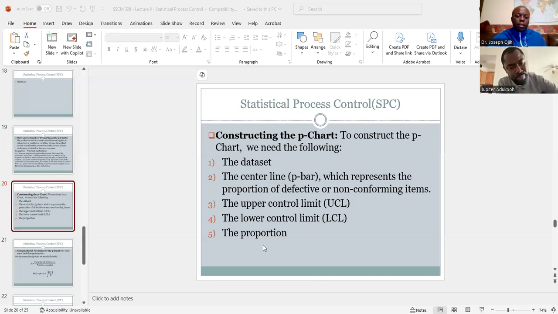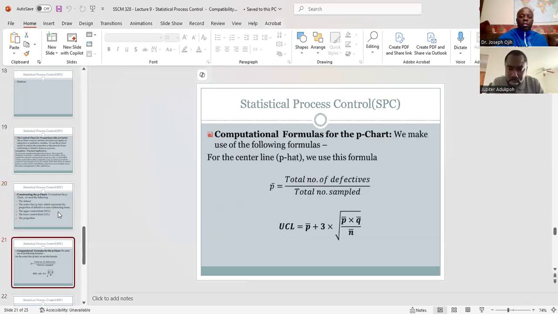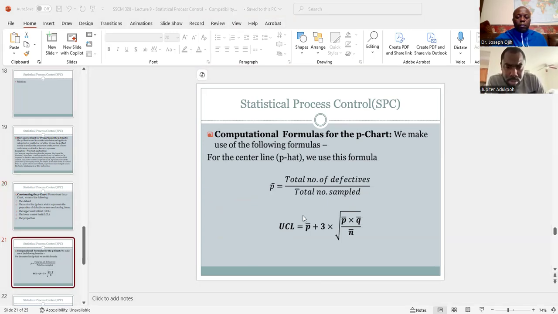Okay. So now you need the upper control limit, lower control limit, and the proportion itself. Here are some formulas we'll be using, the computational formulas. The first one is for finding the proportion, the center line or p bar, which is the total number of defectives divided by the total number sampled.